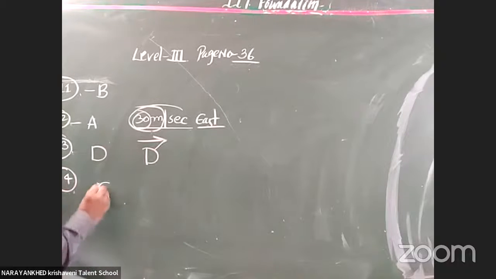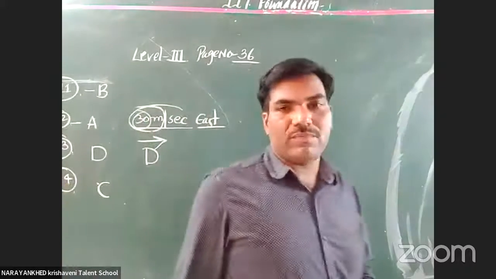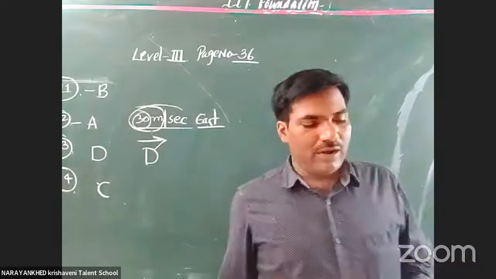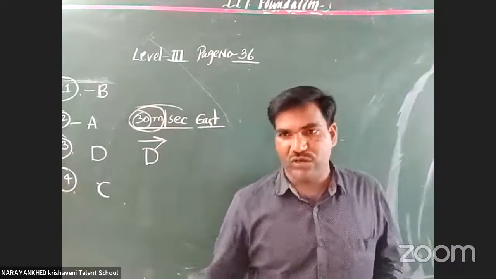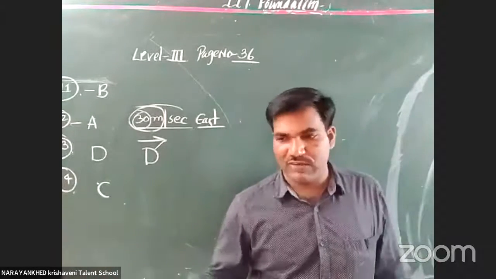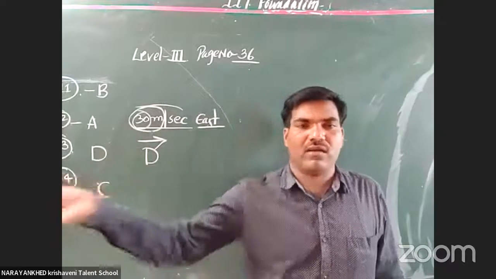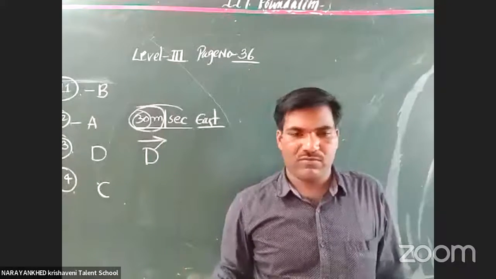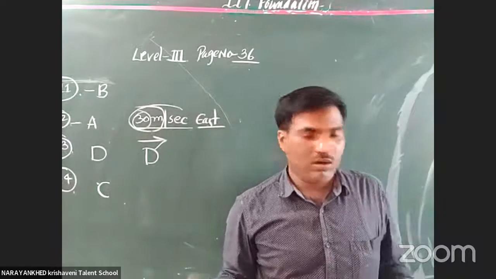The answer is option C. Force is a vector only. Weight is also one such type of force, so that is also a vector. As well as velocity is also a vector. Now work and energy are not called vectors. Clear or not? This is only about the 14th one.